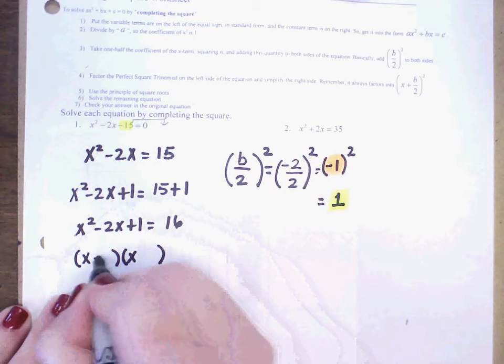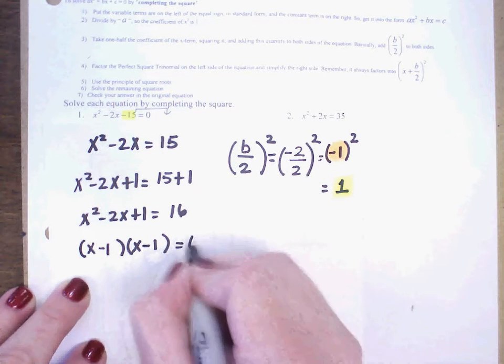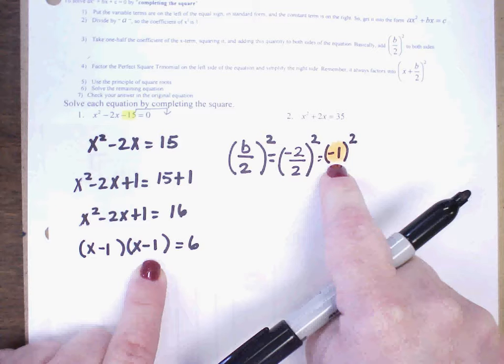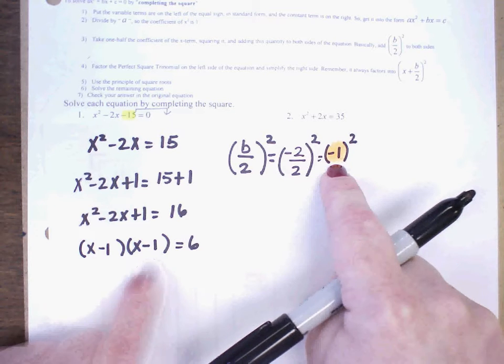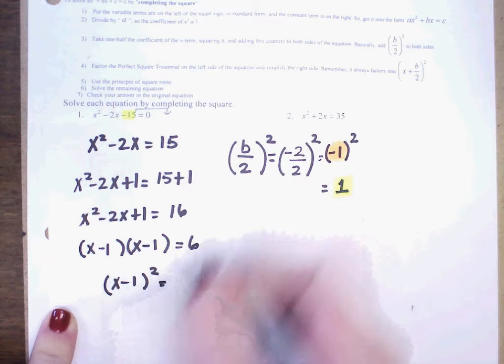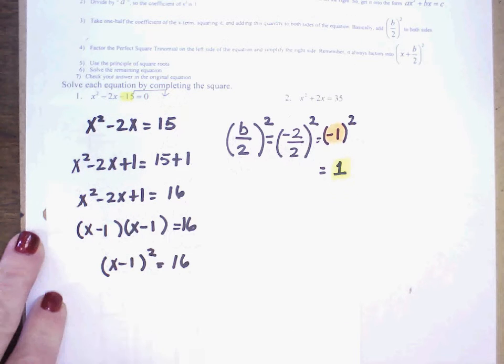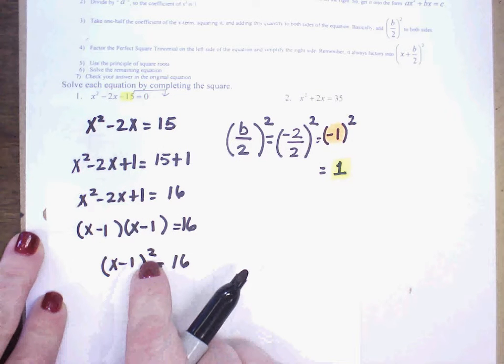So x minus 1 and x minus 1, correct? That negative 1 is right there. So this becomes x minus 1 squared, and that equals 16. Why do I put it with a square? Because I have two of them.